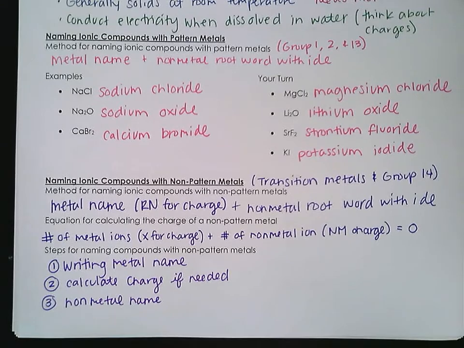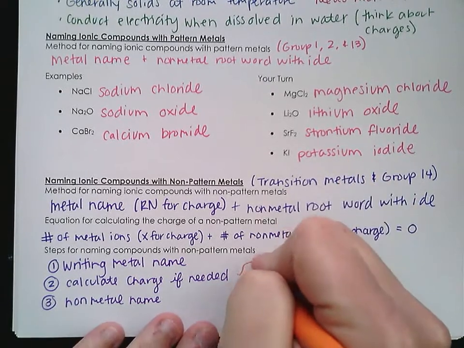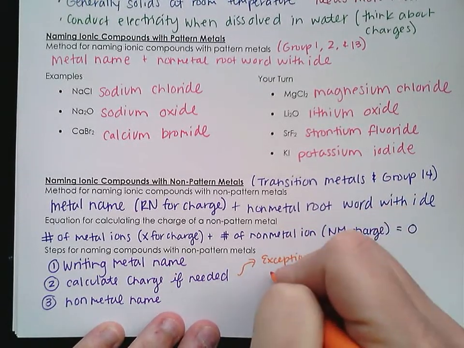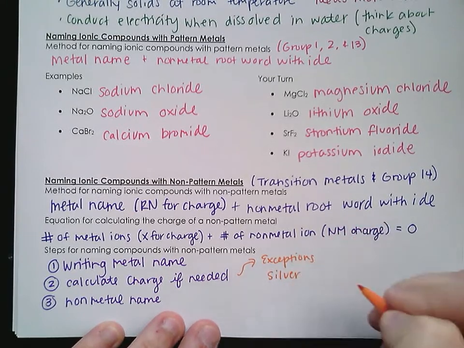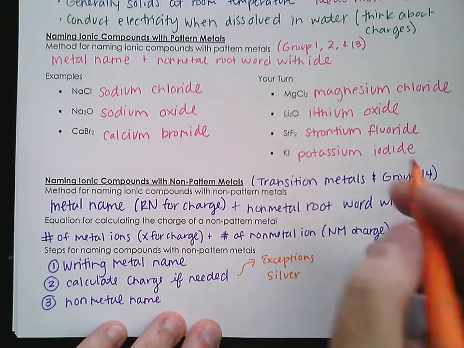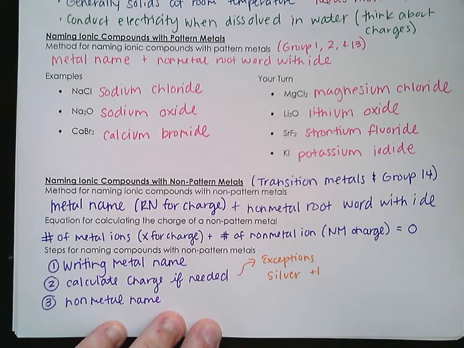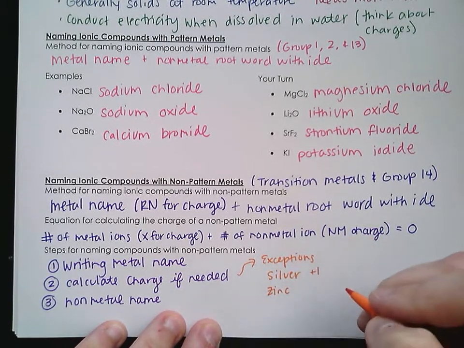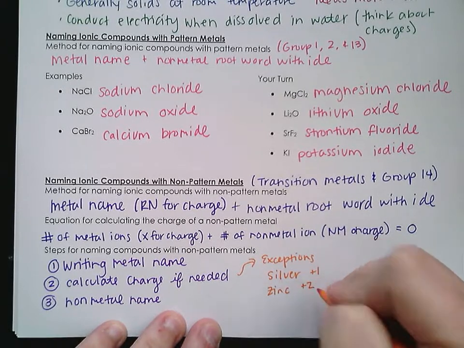Now the exceptions to this, as far as calculating, you'll see your 3 on the back. And that's silver, which is on the back of your periodic table, always has a +1 charge. Zinc, which always has a +2 charge.